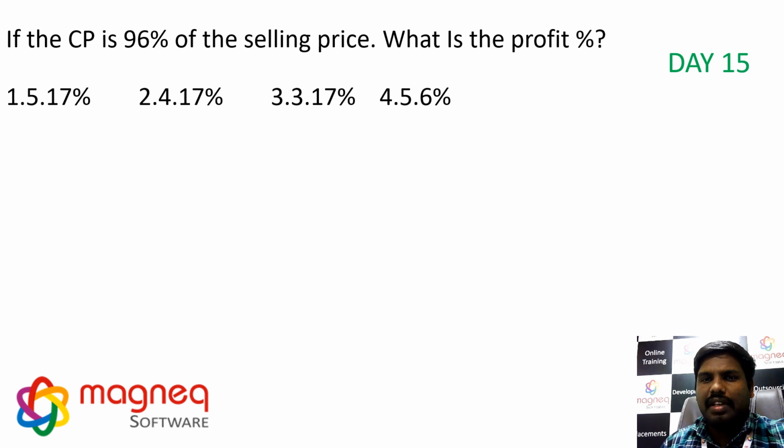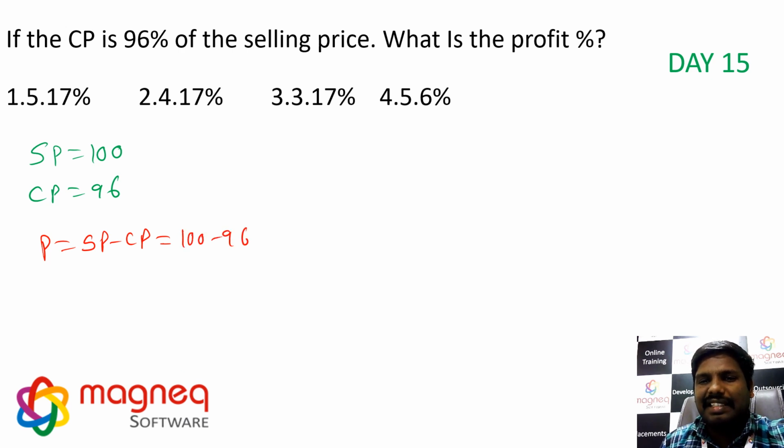If the cost price is 96% of the selling price, what is the profit percentage? So, for example, take selling price as 100, then cost price 96 percentage means 96. Selling price is higher than cost price, so profit equals selling price minus cost price, 100 minus 96, which is 4. But we have to find the profit percentage. Profit by cost price into 100.